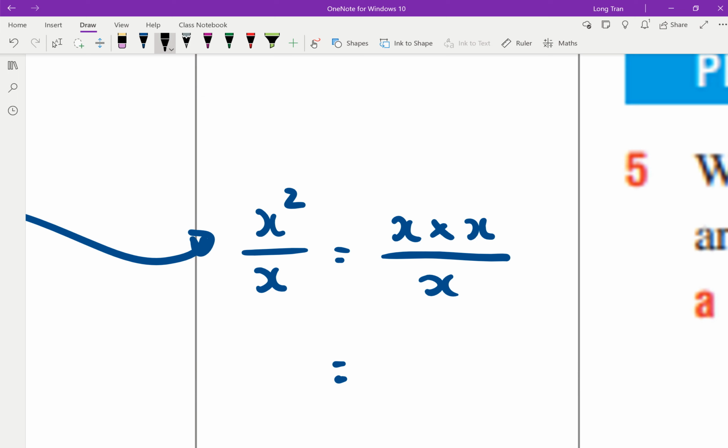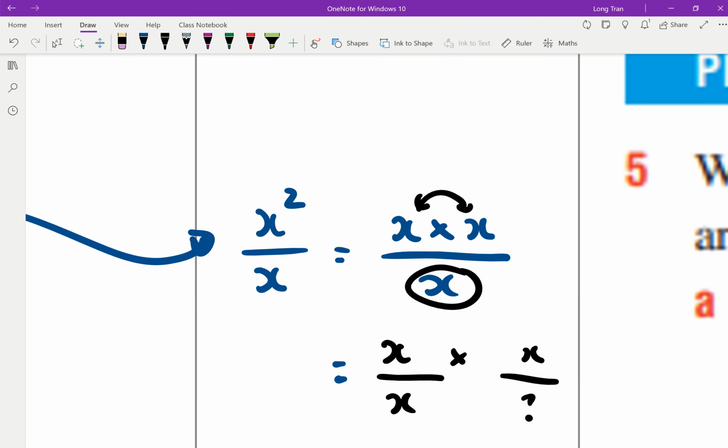I can say that's the same thing as x times x on the numerator. Denominator, I've got one of these x's here, but then what do I put in this position here? There's only one x, but x times what will equal itself? Well, the answer has to be 1.